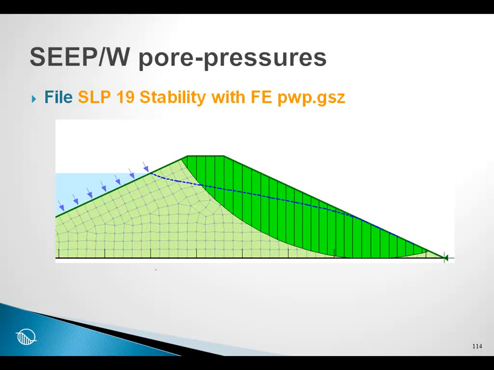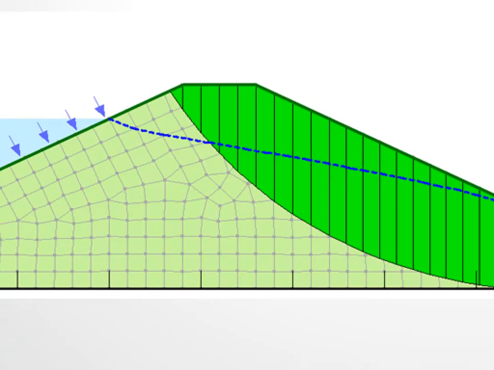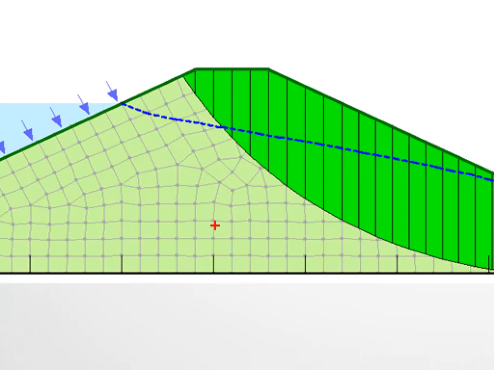There is one key point that I'd like to point out about using the finite element results in SLOPE/W. And that is that the pore water pressure at the base of this slice is not this distance. We do not use the blue line in SLOPE/W.